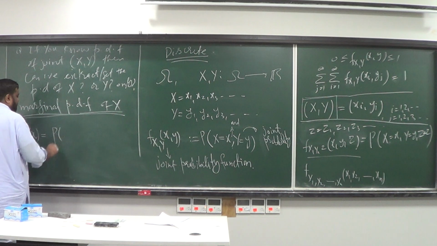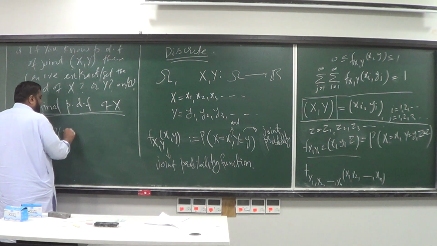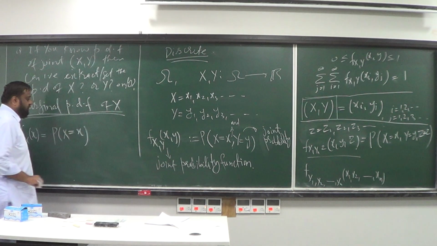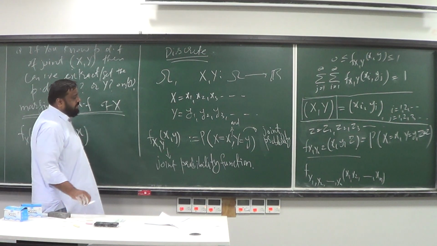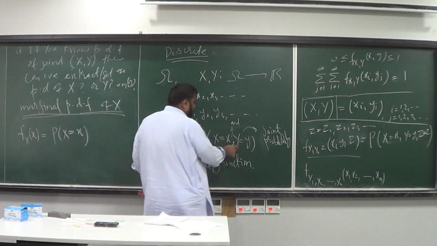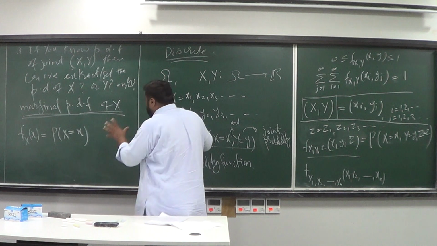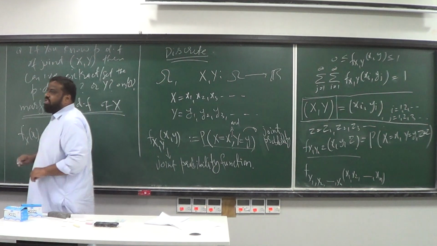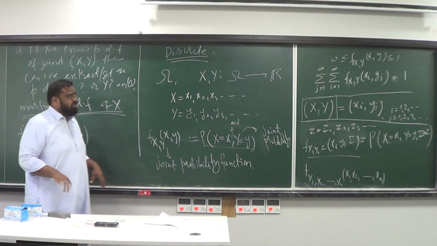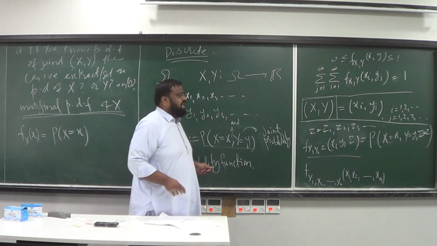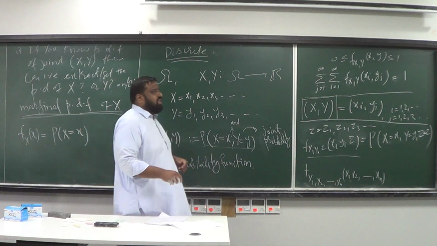Now the question is how to compute these probabilities using the joint probabilities. All this stuff would be much clearer once you see an example. I'm starting with a bit of abstract theory and then I'll move to the more concrete situation.